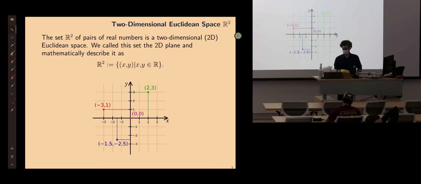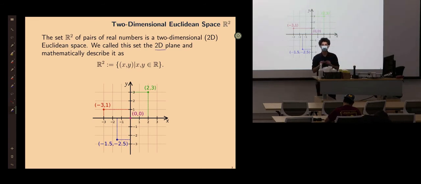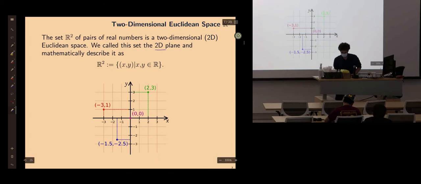And all of a sudden, instead of a line, now I have a 2D plane, because independent of each other, I can move along any of the lines, and then that gives me a point in that plane. I can choose this point, 0 and 0, to be my origin.